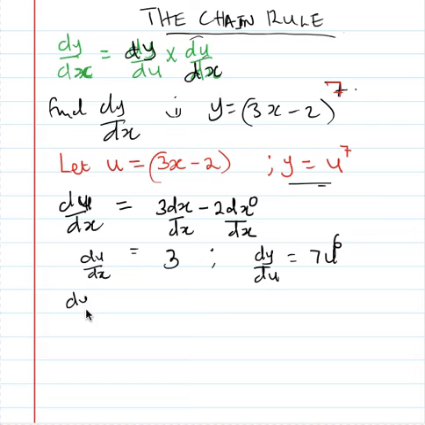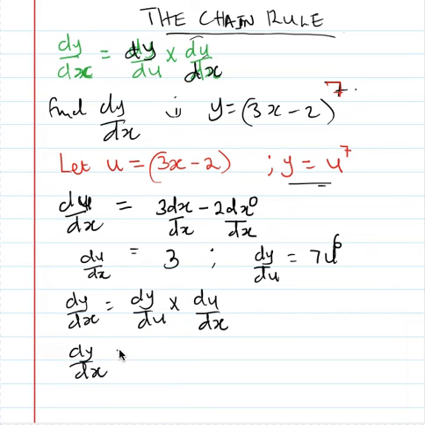So finally dy/dx will be dy/du times du/dx. Here is our chain rule, we are applying it here. dy/du is 7u^6, but u is 3x minus 2, so we write 7(3x minus 2) to the power of 6 times 3.